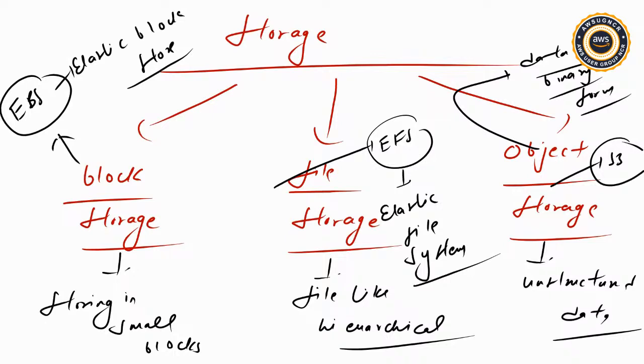So in Elastic Block Store, we store the data in form of small blocks, small chunks. Okay. In file storage, we are storing the data in hierarchical structure. And in object storage, we are storing the data in its raw format or native format. Means whatever form of data you are getting, you are storing that in an object storage. And there is a very good term which comes into picture for S3, which is an object storage service.